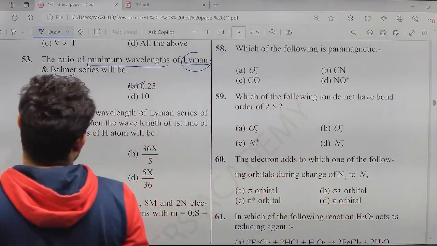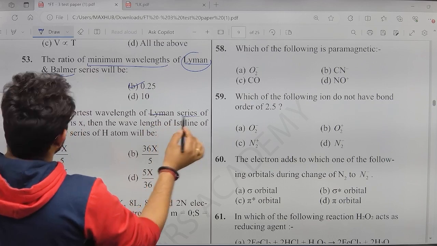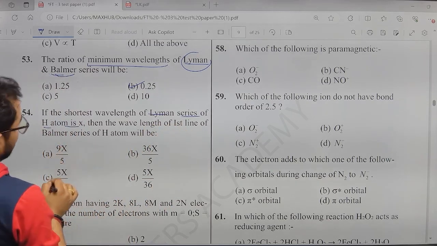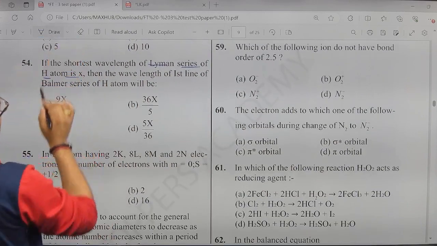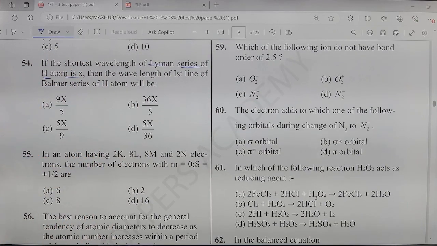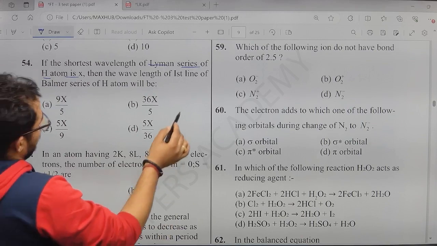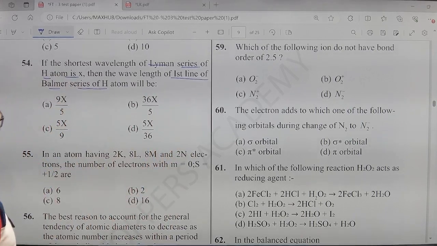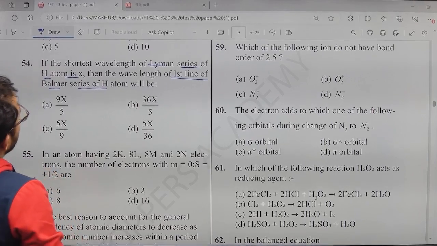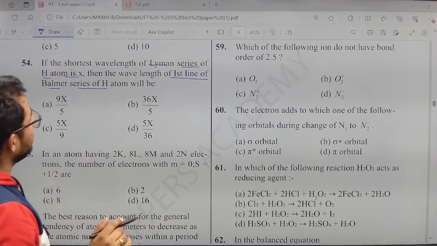Now, if the shortest wavelength of Lyman series of hydrogen atom is X, he is saying that shortest wavelength, that means highest energy for hydrogen atom, then wavelength of first line of Balmer series for hydrogen atom. Let's see the question. Lyman series shortest wavelength, that means highest energy.